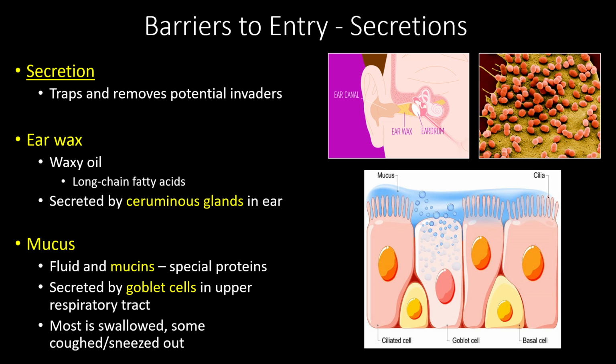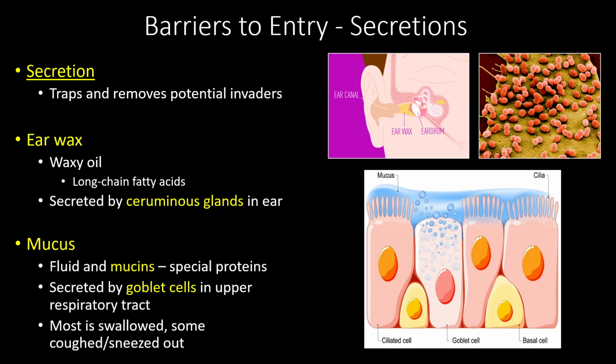They are often trapped by earwax, and earwax is constantly being secreted and constantly being removed over time from the ear. It doesn't usually stay in the ear for a long time. There's a constant turnover. Similarly, mucus in our respiratory system especially is really useful for this as well.